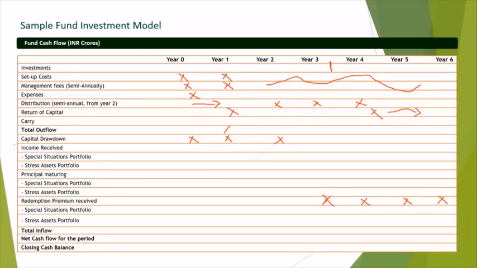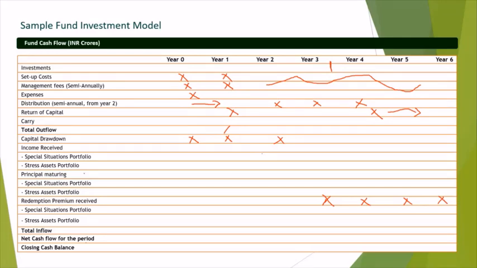If you look at the income side of the picture, it is primarily the capital drawdowns and the income received from the investments, whether in the form of regular interest income, principal maturities or redemption premiums.